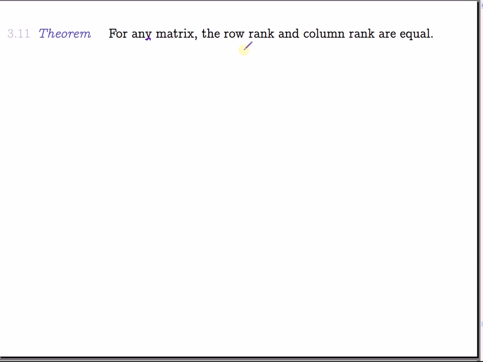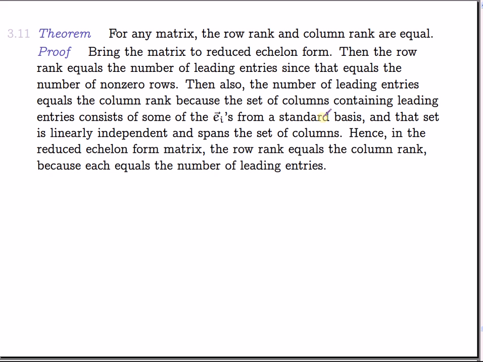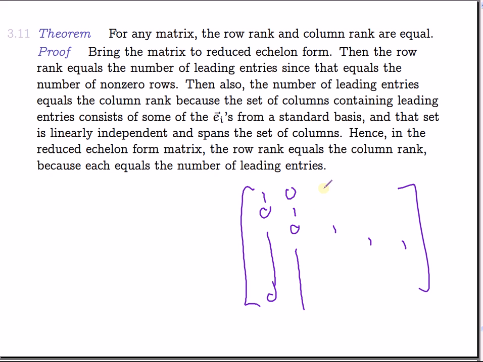Okay, so we'll use this to show that for any matrix, the row rank and the column rank are equal. Let's bring the matrix to reduced echelon form. Just recalling, reduced echelon form means you have ones in certain places, and everywhere you have a 1, you have a 0 everywhere else.